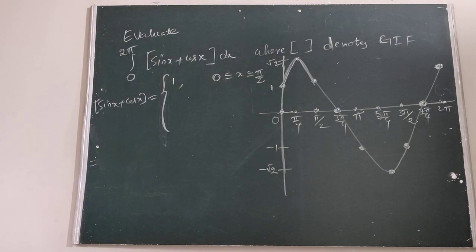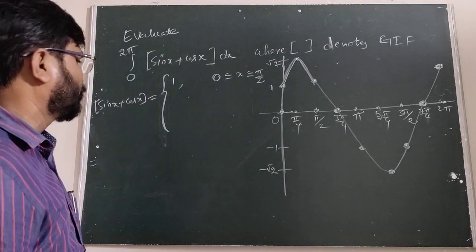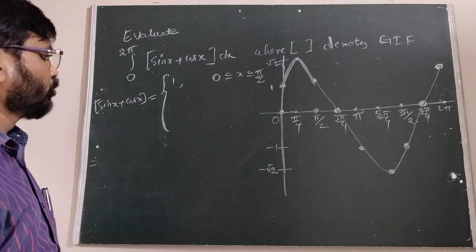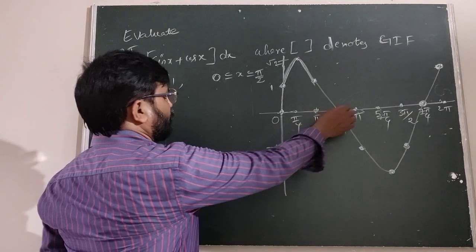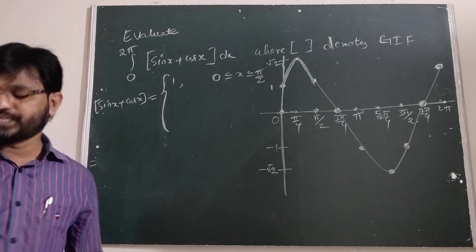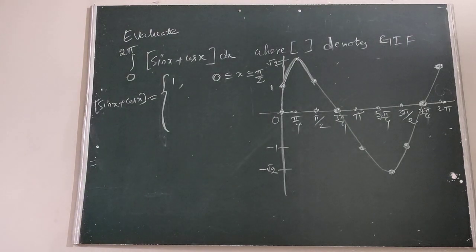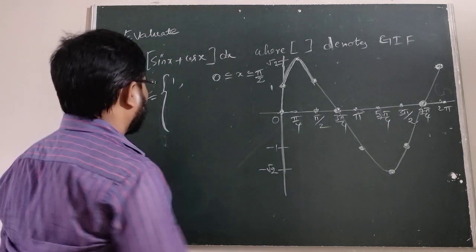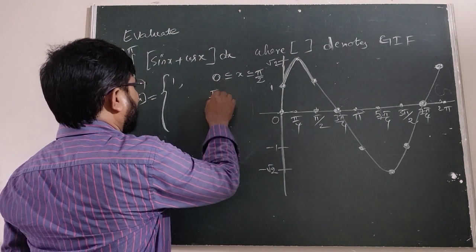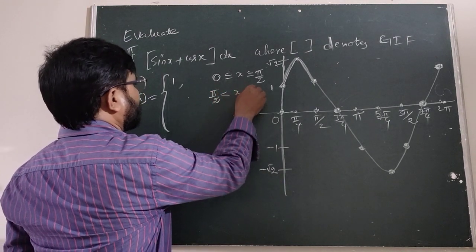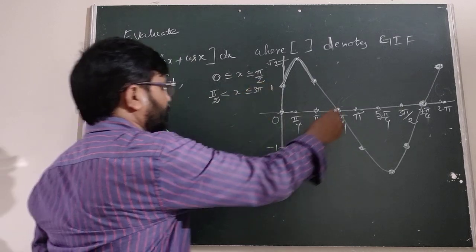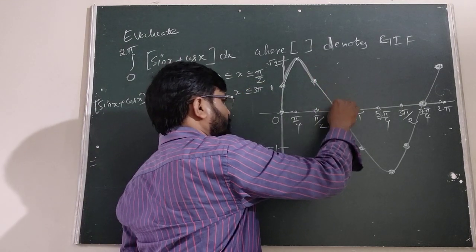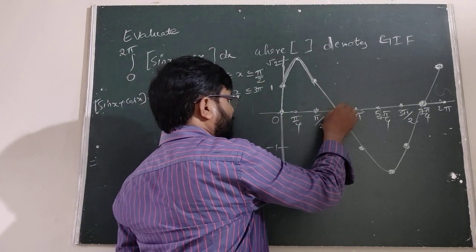Therefore, after that, all of you listen here. Now we are beginning with pi by 2, pi by 2 to 3 pi by 4. The next region is pi by 2 to 3 pi by 4. What is the step of this region?